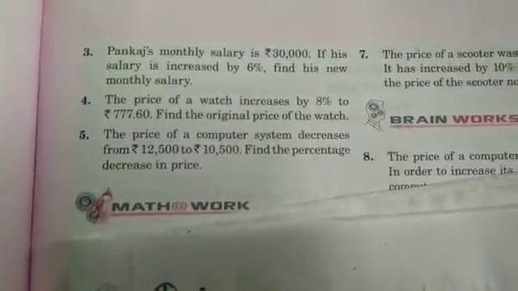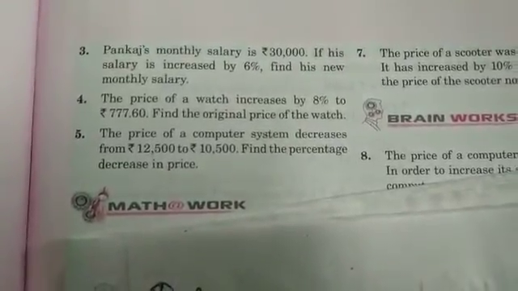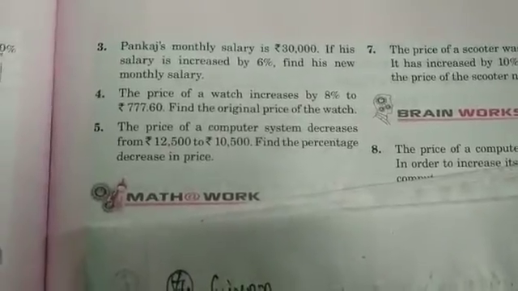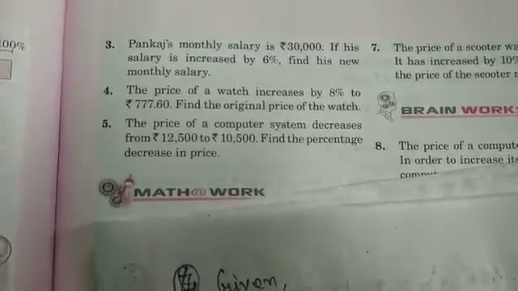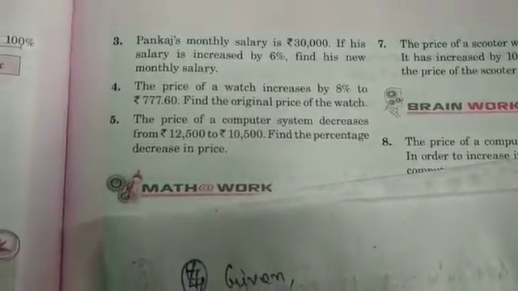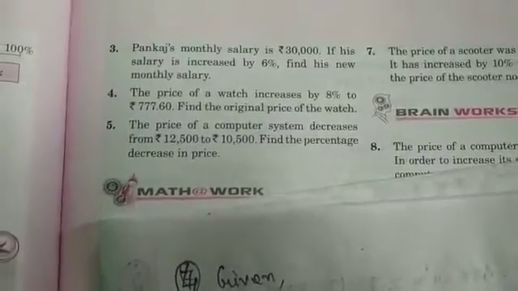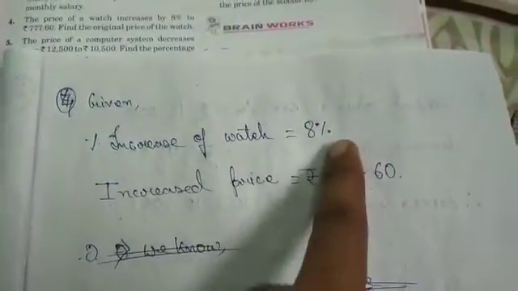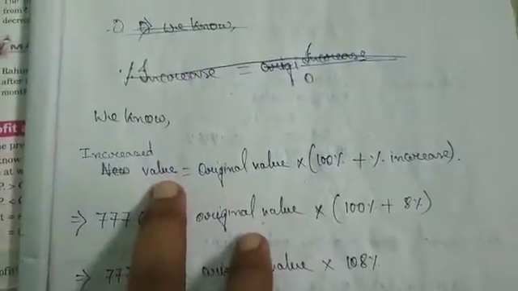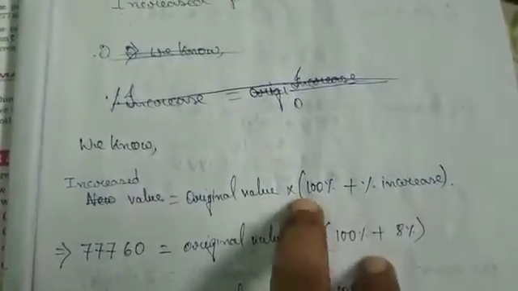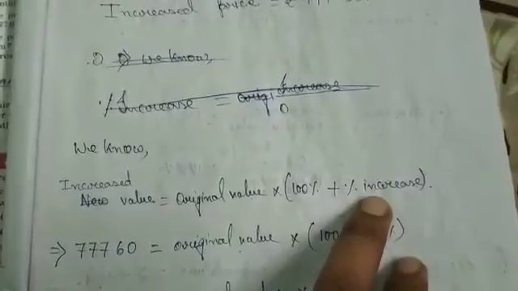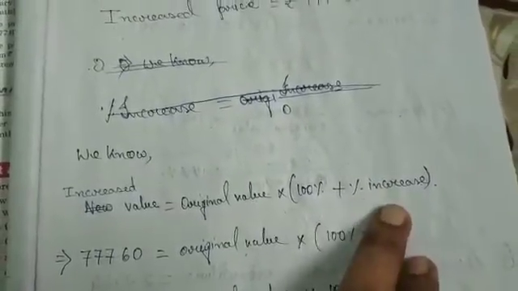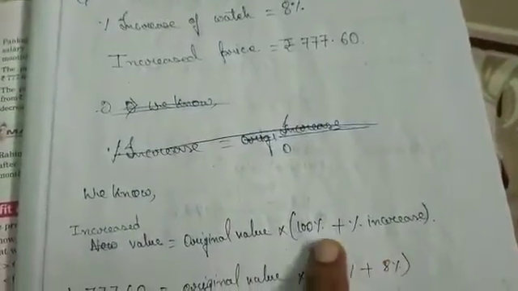Next one: the price of a watch increases by 8% to rupees 777.60. Find the original value of the watch. Here the increased price is given and the percentage increase is given. We know the formula: increased value, or the new value, equals original value into 100% plus the increased percentage, which is 8%.